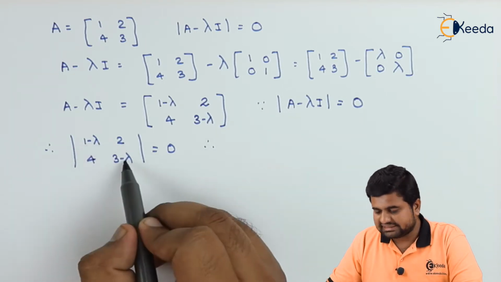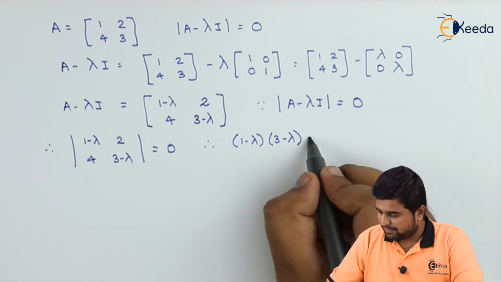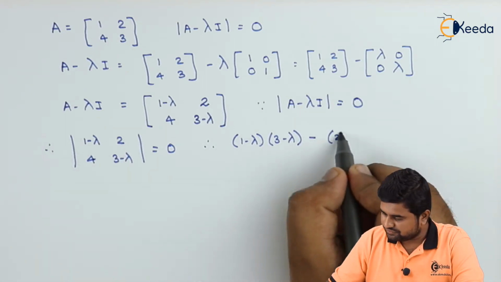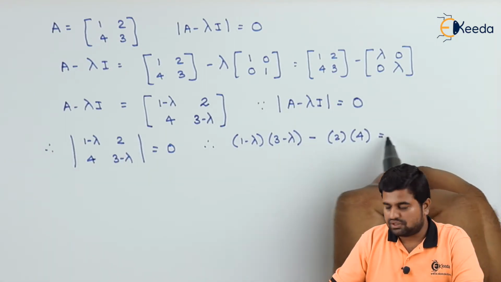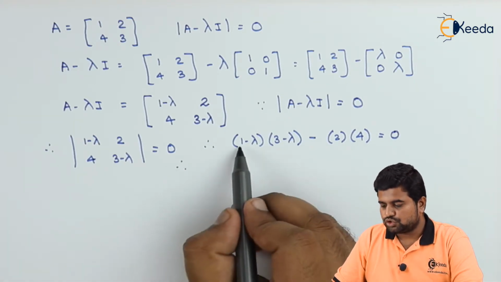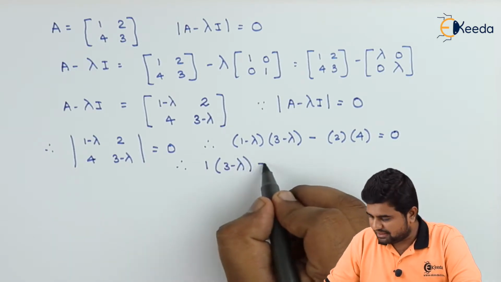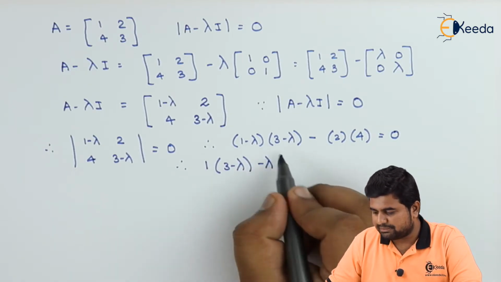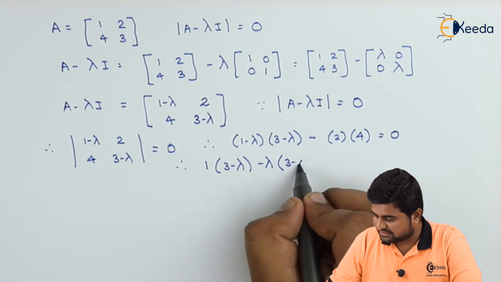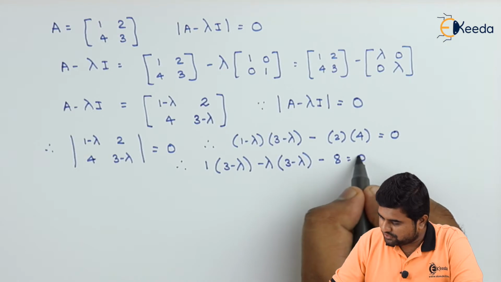So 1 minus lambda into 3 minus lambda, minus 2 into 4, is equal to 0. So 1 minus lambda gets multiplied with 3 minus lambda, and minus 2 into 4 is 8, equal to 0.